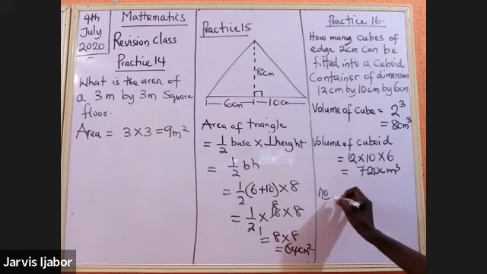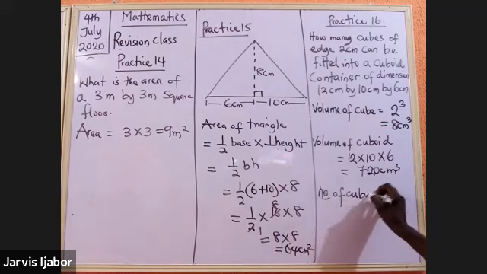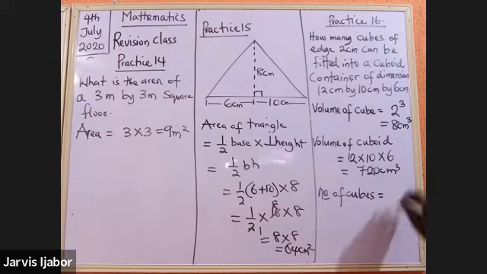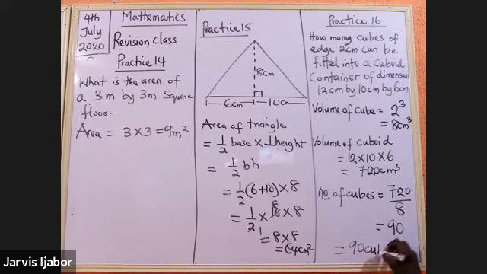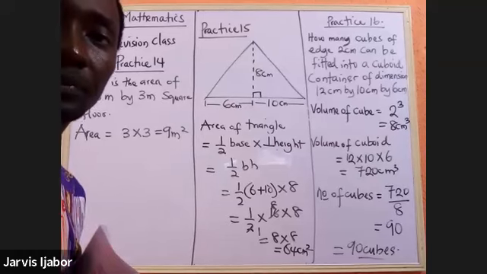Number of cubes will now be equal to what? 720 divided by 8, and that will be 90. So the final answer is what? 90 cubes. So there will be 90 cubes that will fit into a cuboid of that dimension.